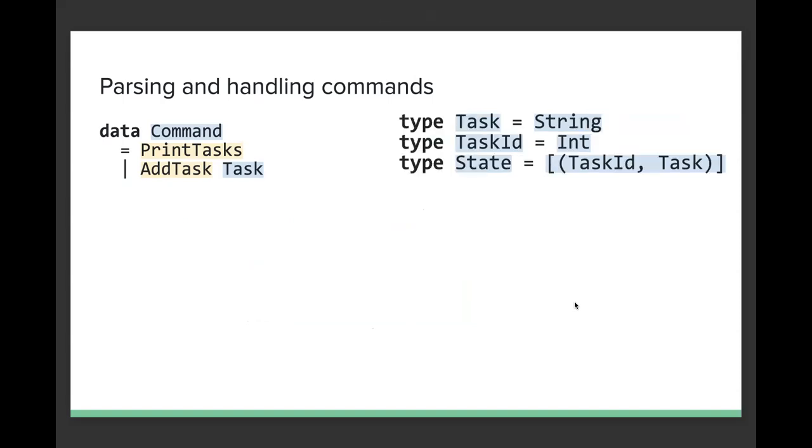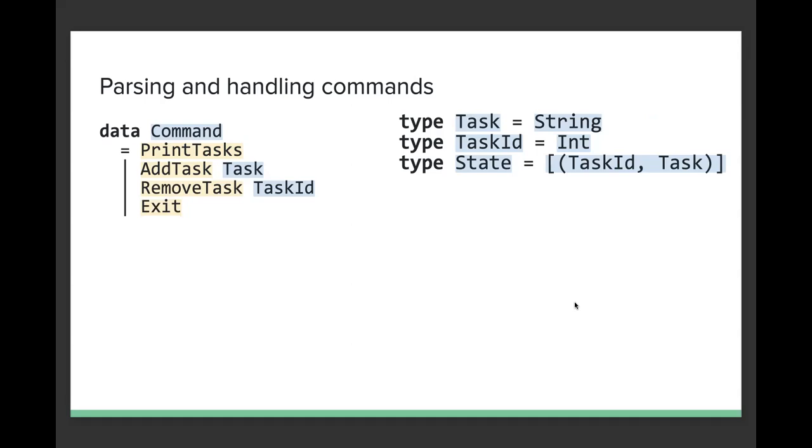Now, I'm going to complicate our state a little bit. I'm going to add task identifiers to every task, but that's not very important. I'm only doing this to be able to add more commands. For example, we can add remove task that would take a task ID. And we can also add exit.